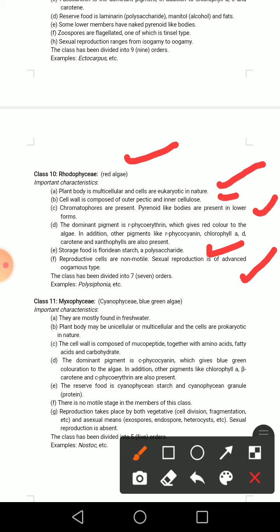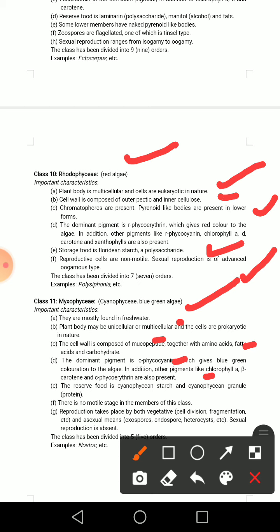Class 11 is Myxophyceae, Cyanophyceae, blue-green algae. Important characteristics of blue-green algae are: they are mostly found in freshwater. Plant body may be unicellular or multicellular, and the cells are prokaryotic in nature. The cell wall is composed of mucopeptide together with amino acids, fatty acids, and carbohydrates. The dominant pigment is C-phycocyanin, which gives blue-green coloration to the algae. In addition, other pigments like chlorophyll A, beta-carotene, and C-phycoerythrin are also present.